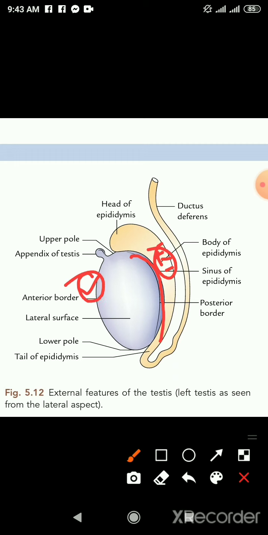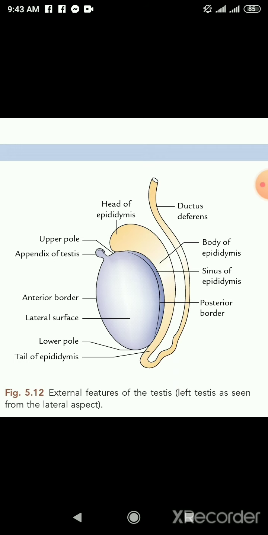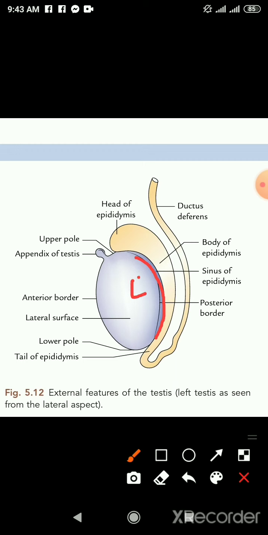And we told you that the sinus of the epididymis lies posterolaterally. So we can see here there is the sinus of the epididymis. So definitely it will be the lateral surface and other surface will be the medial surface. Why will it be the lateral surface? Because we already told you that sinus of the epididymis lies posterolaterally and posteriorly it is attached with the epididymis. So definitely this will be the lateral surface.